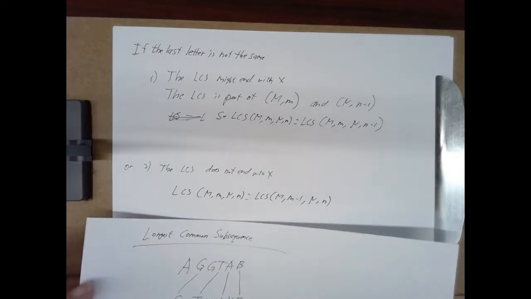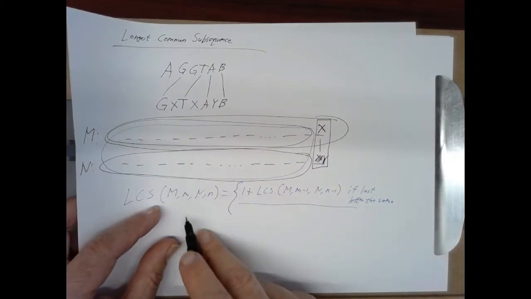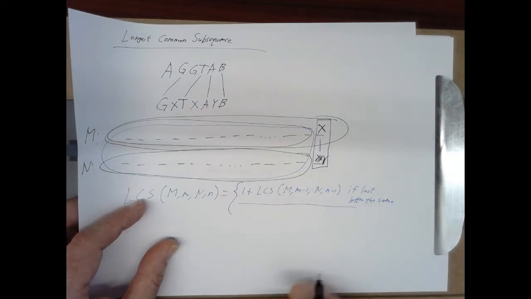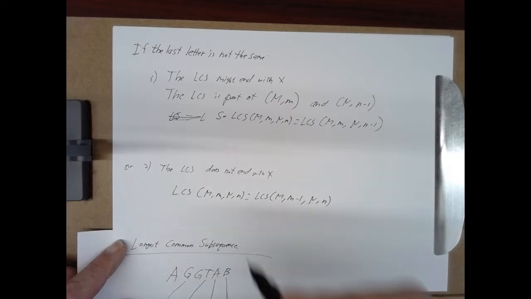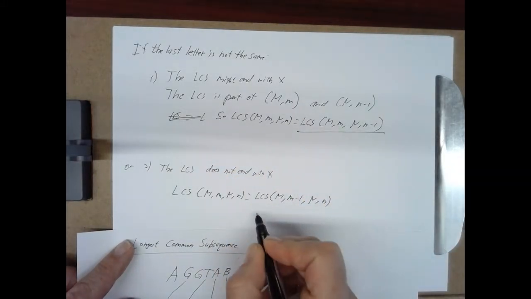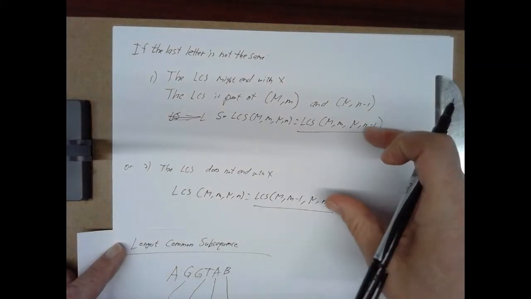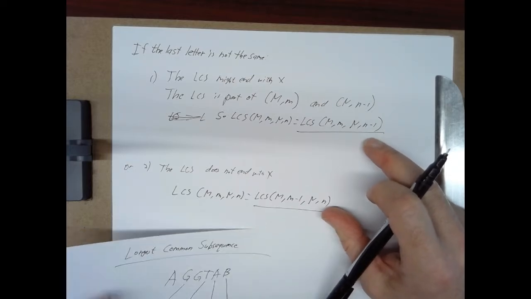So those are our 3 cases. If the last character is the same, then our longest common substring is 1 plus the longest common substring when we shorten both strings by 1 character. Otherwise, the longest common substring is either this or this. We don't know which, but if we simply find the greatest value of these two, that'll be the length of our longest common substring.